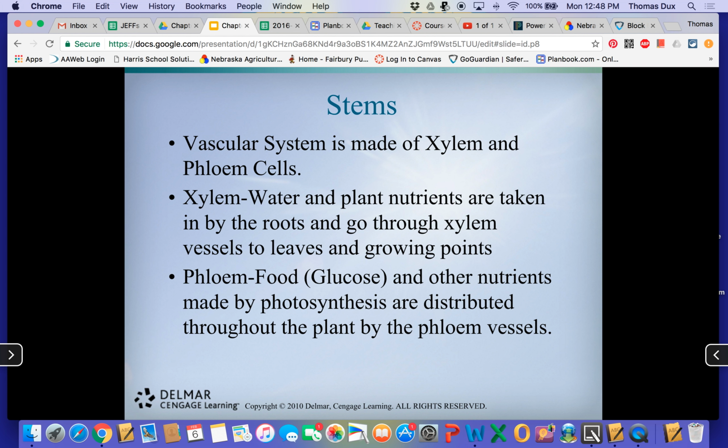Phloem conducts basically the glucose, or the sugar, or the food. Michaela said she always remembers that because phloem sounds like food.